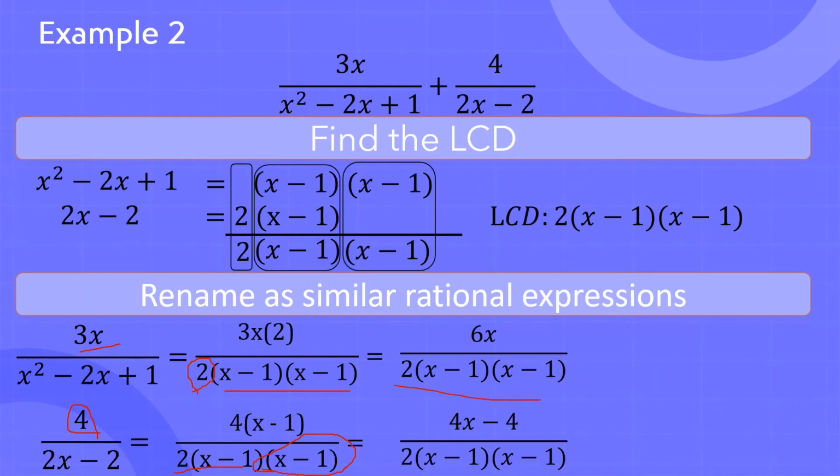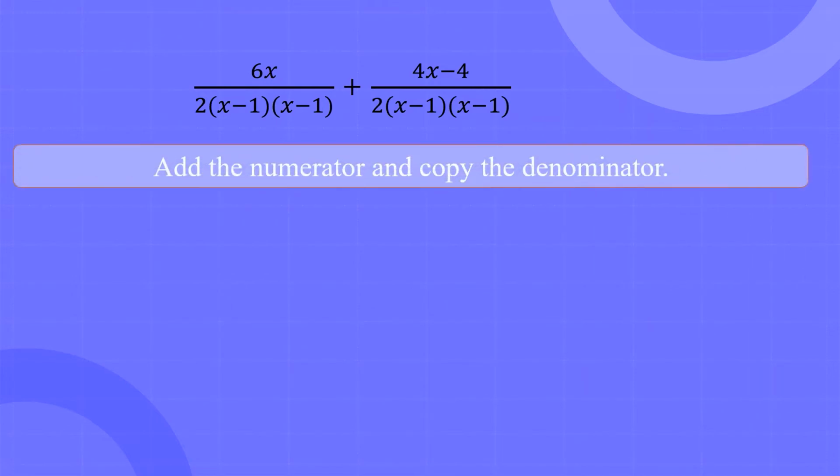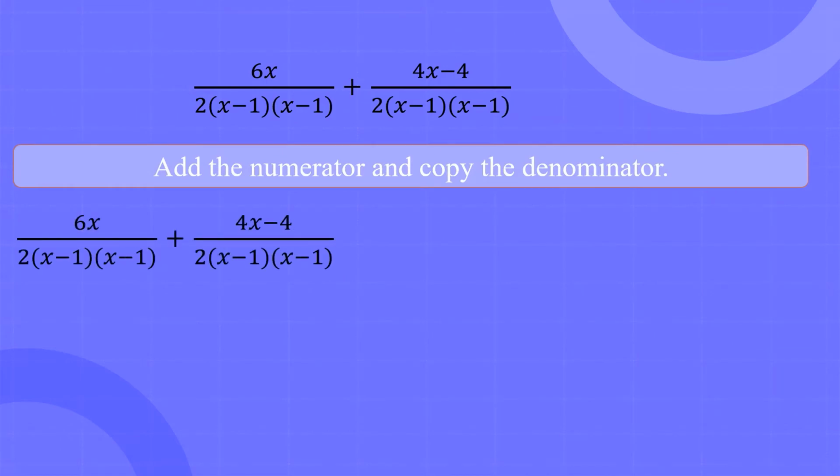Okay, then ito ngayon ang pagsasamahin natin. So, let us add 6x over 2 times x minus 1 times x minus 1 plus 4x minus 4 over 2 times x minus 1 times x minus 1. Okay, so just add the numerator and copy the common denominator.